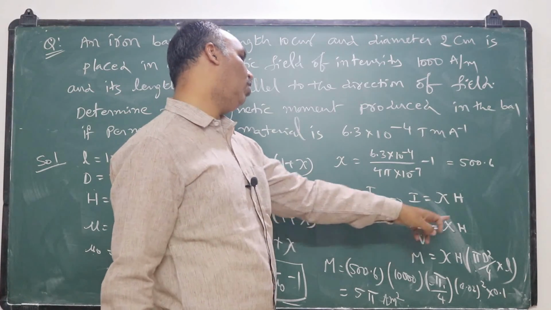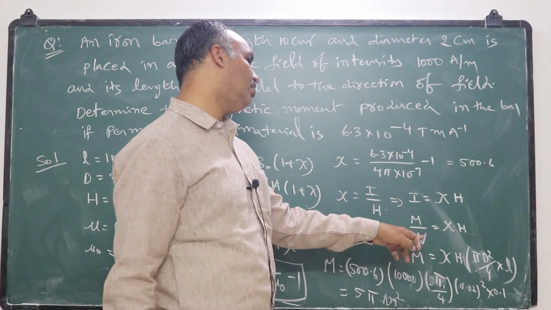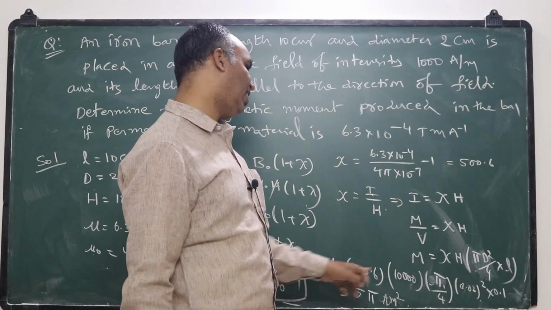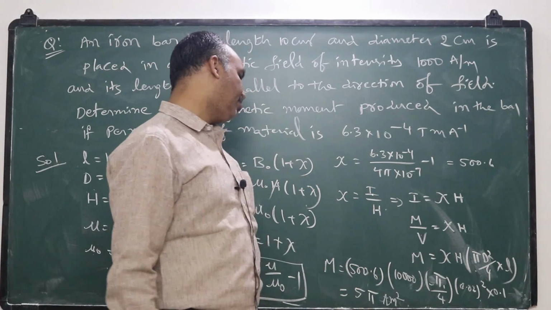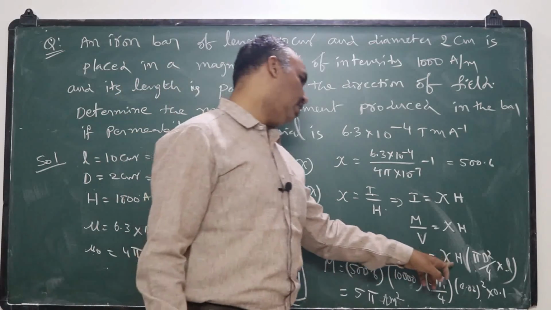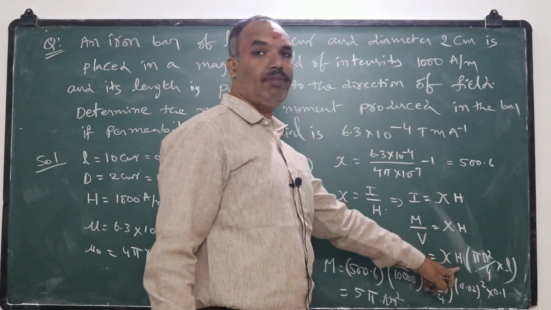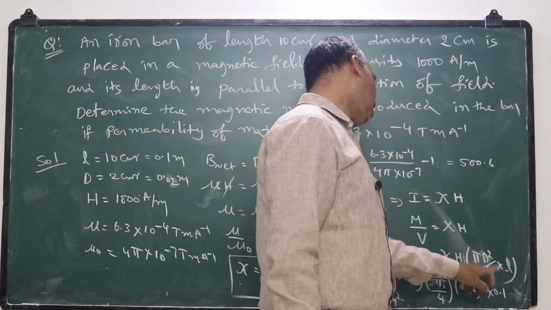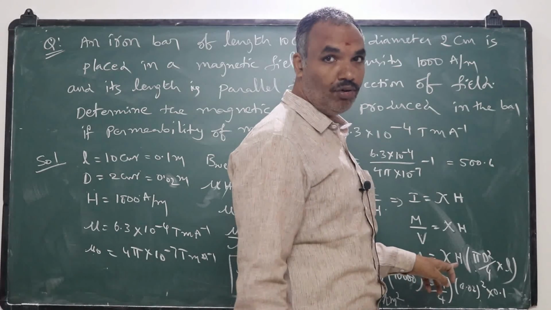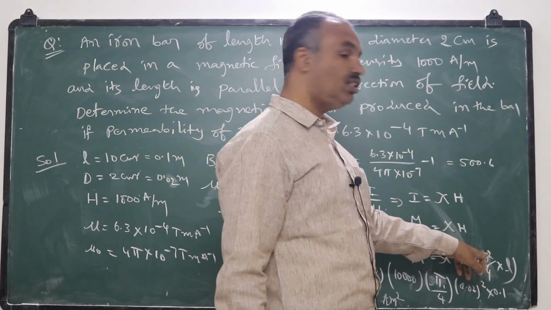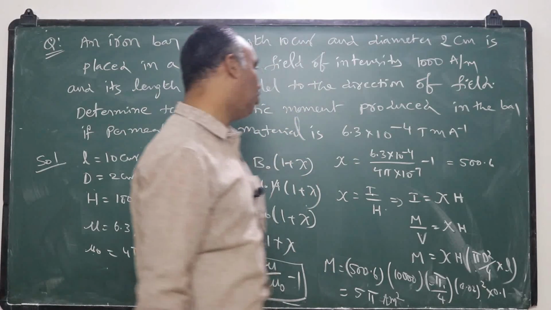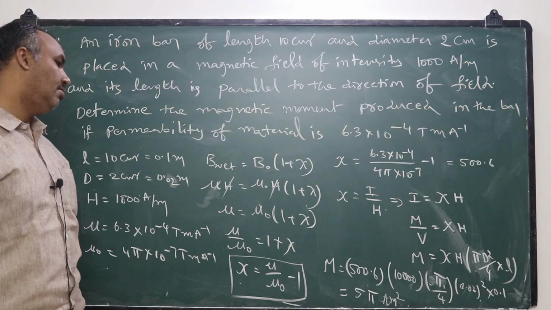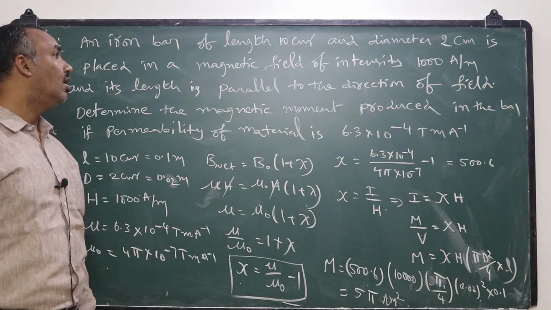So you will get magnetic moment as chi H into pi d square by 4 into L. Magnetic moment is finally given by susceptibility into magnetizing field intensity into area of cross section into length, which is the volume. Area of cross section is pi d square by 4 because you are given the diameter, into L. By multiplying all these values, you get the magnetic moment of the given iron bar.